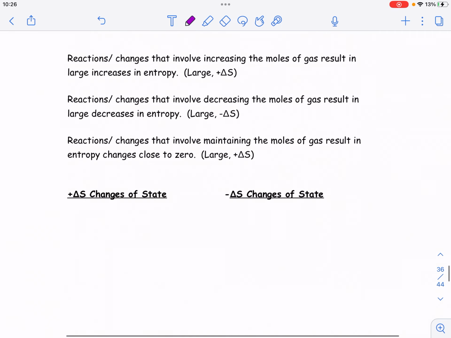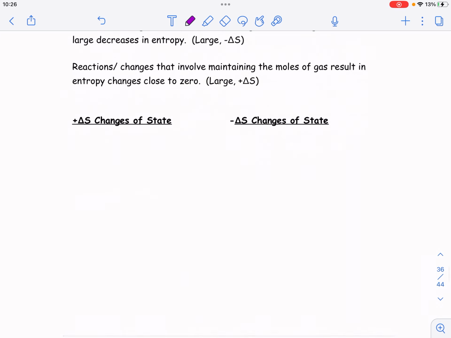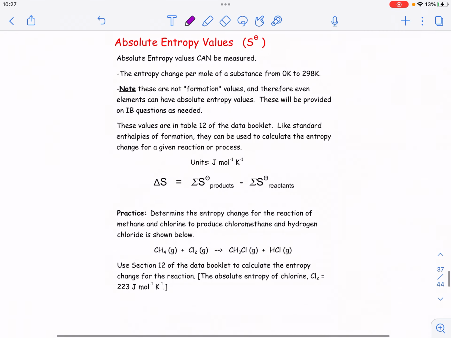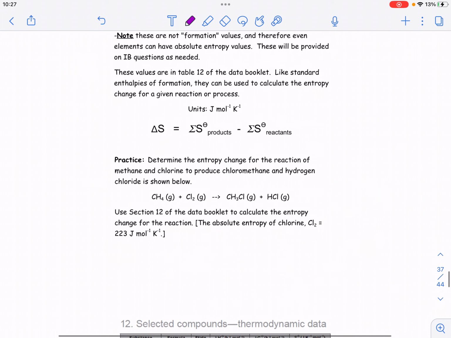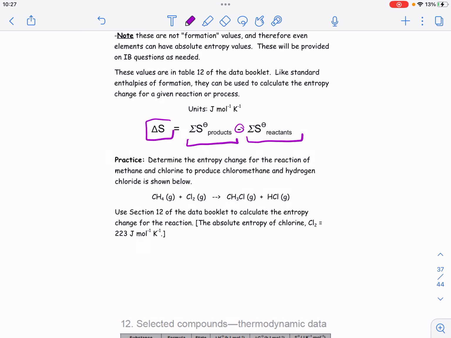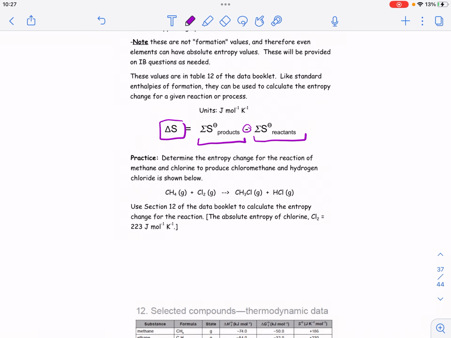So you should be able to look at chemical reactions and changes of state and decide whether or not we are increasing the disorder or decreasing the disorder. And we can also use table 12, and we can actually get a value for the delta S of the reaction. You just add up all the entropy values for the products, and then you subtract all the entropy values for the reactants to get a delta S value for the reaction itself.